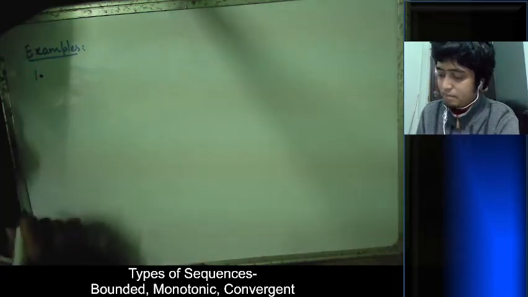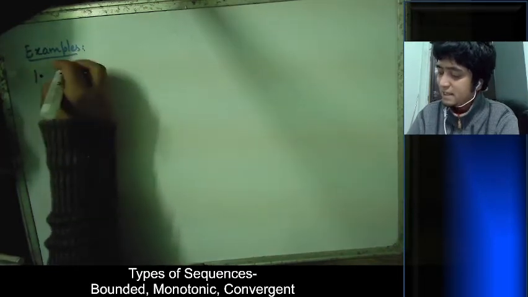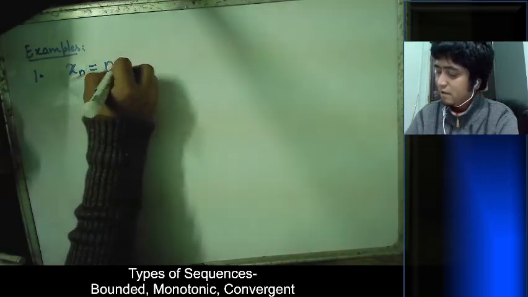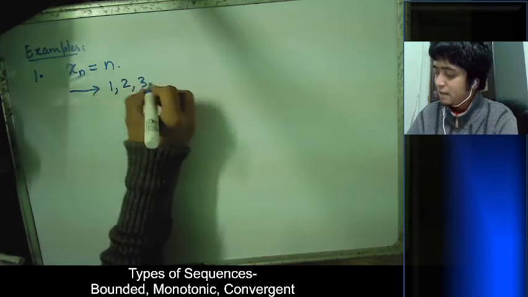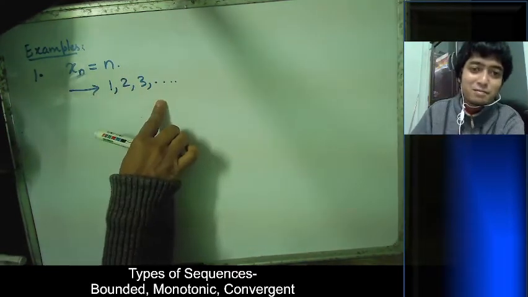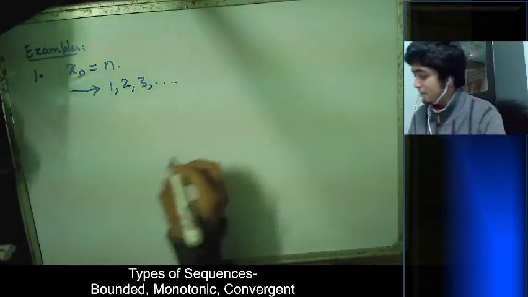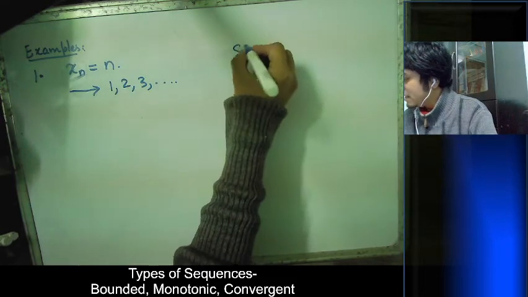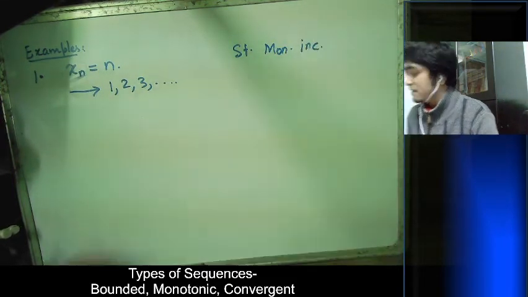Okay, number 1. Let us say xn equal n. If you expand this one, you will be getting 1, 2, 3. Again, you notice that they keep on increasing, and the terms are never equal. So that is why this one will be strictly monotonic increasing.